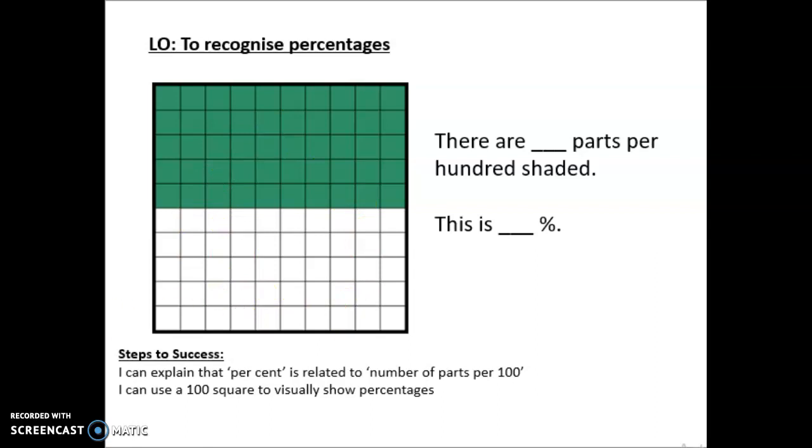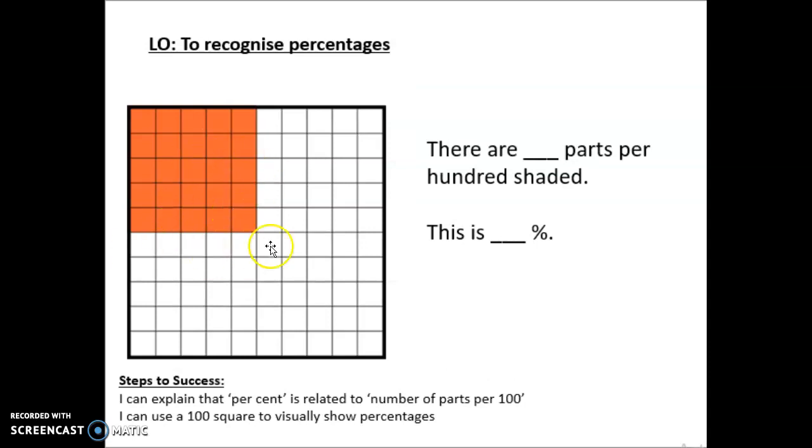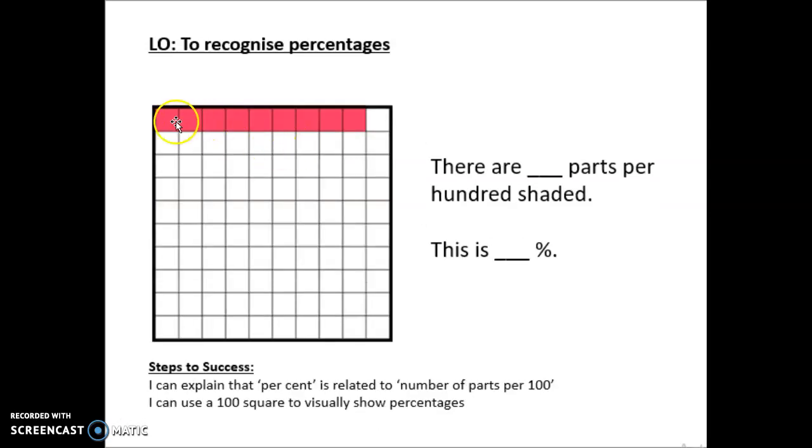If we look at another one, how many parts out of 100 are shaded? There are 25 parts per 100 shaded. So this is 25%. Obviously, this is quite easy when you're looking at a 100 grid. How many out of 100?